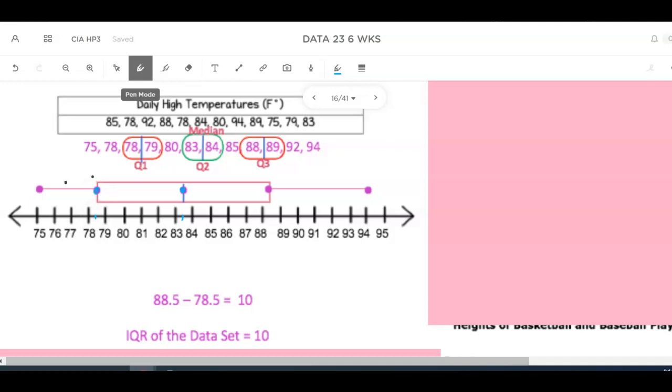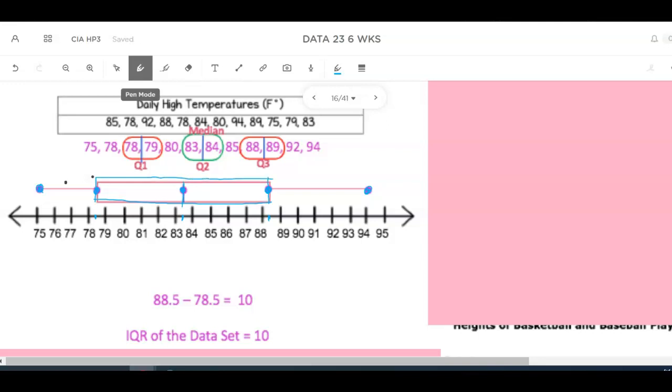We're going to put our 88.5, 88.5. Our dot goes there. And then we had our lower extreme, the minimum, 75, upper extreme, 94. Once you get your 5 dots in, that's when you're going to draw the box. You're going to put a line through them and connect them like that.